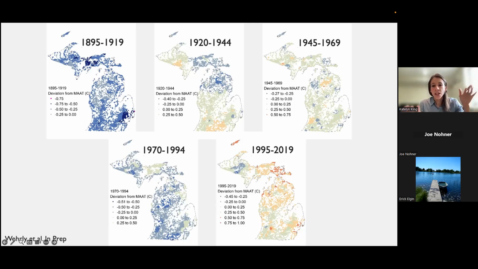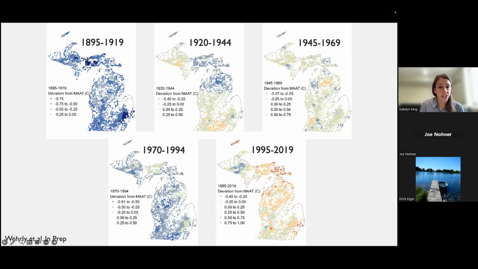And so this might be masking year to year variability in temperature, but it does show that Michigan's climate has been highly variable through time. So you've got periods of cooling and warming, and they're not consistent statewide.